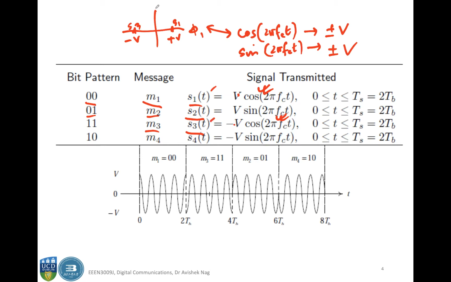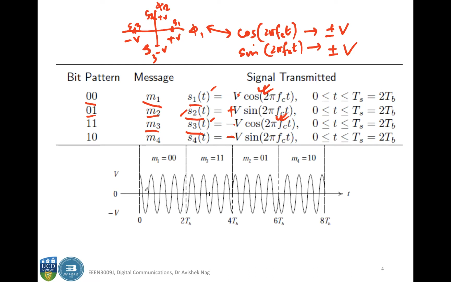And then this is your sine or phi 2 axis, and over the sinusoidal signal you are sending again plus and minus v. So you have plus v and minus v, and let's say the plus v is your S2 according to this, and minus v is your S4.